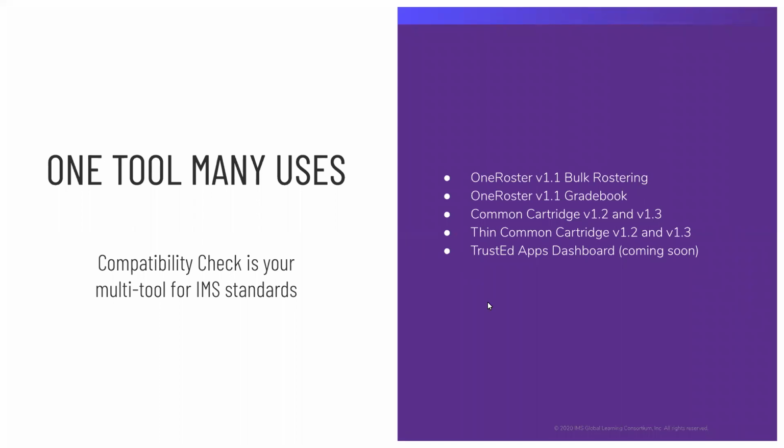For suppliers, obviously, this is really good for making standards work for you. You can save time and improve your onboarding experience by telling people what they need to do ahead of time using Compatibility Check's OneRoster check functionality. You can also see compatibility before onboarding. Give your onboarding team a helping hand, as it were, by letting them see the shape of the data that you'll be getting from a district, before it gets into your system.